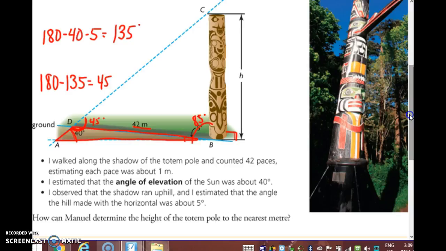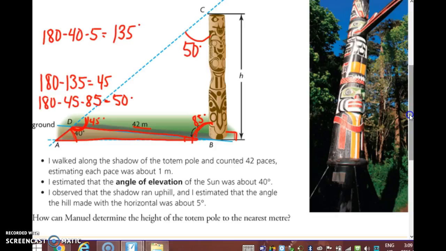Okay, so then we should be able to find this top corner right here, because we have 45, we have 85, so again, we go 180, subtract 45, subtract 85, and we should get an angle of 50 degrees here.